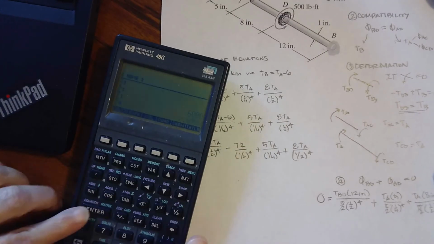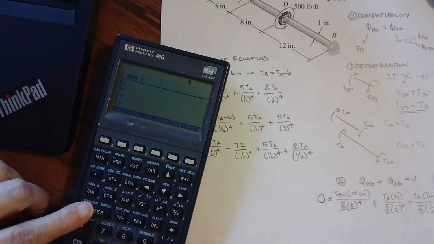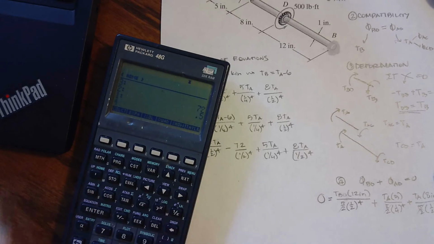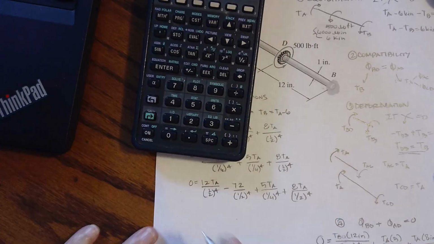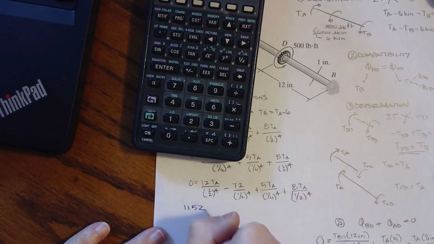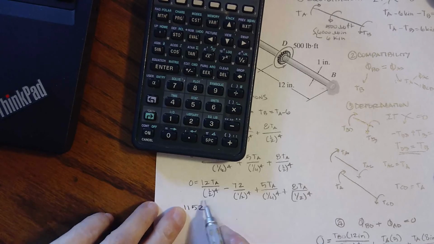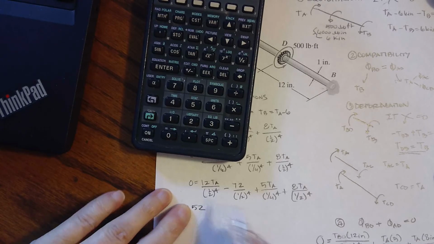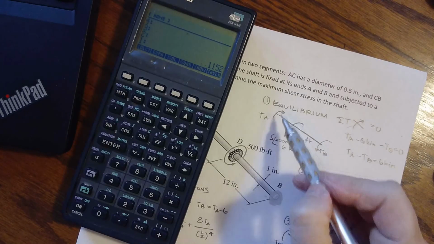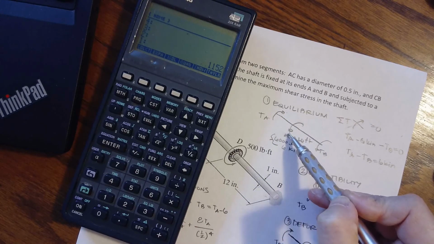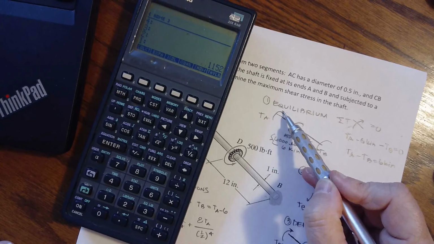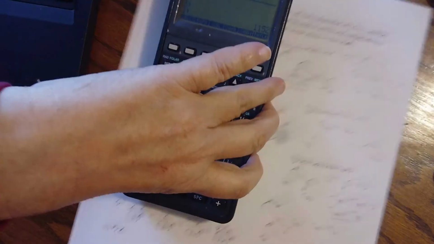So I have 72 enter, 0.5 to the 4th, divided by, and I get 1152. It's working out to be positive, which is perfect because I assumed TA going backwards, and it seems to have to go backwards if this is coming forward. So if I get a positive TA, it means I assumed it correctly.